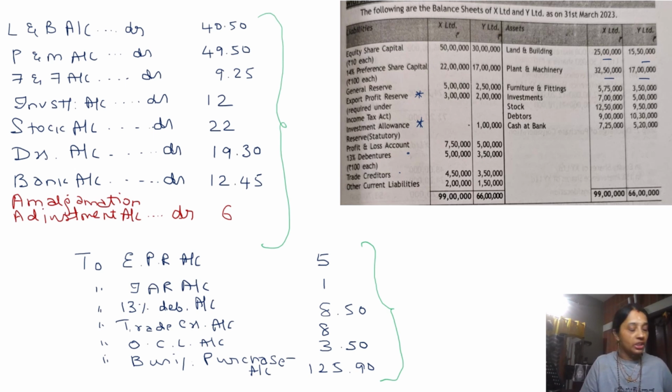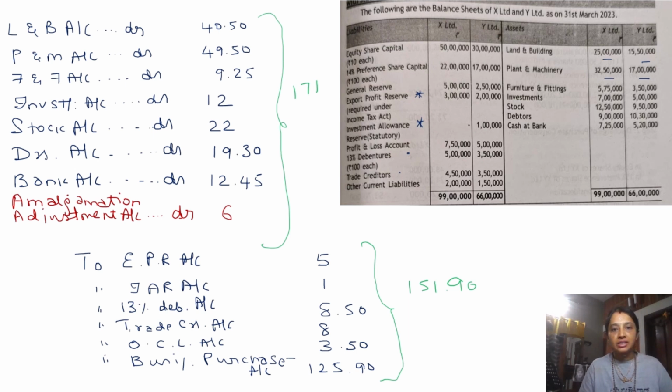Now if you check the total of the debit columns, it is coming up to 171, and the total of the credit column is coming up to 151.90.